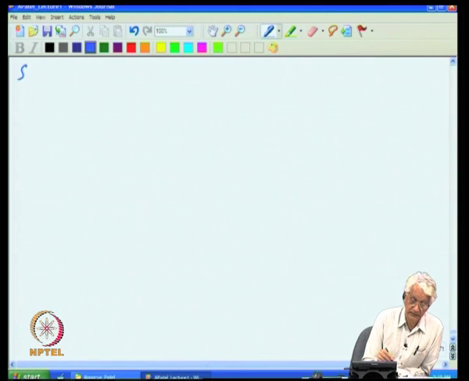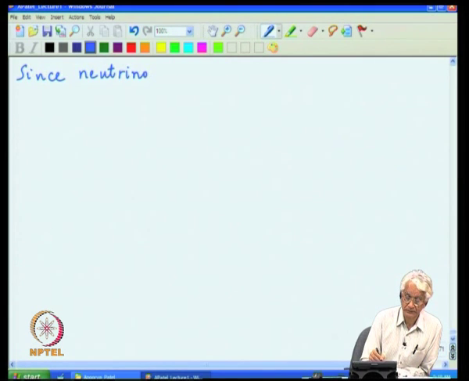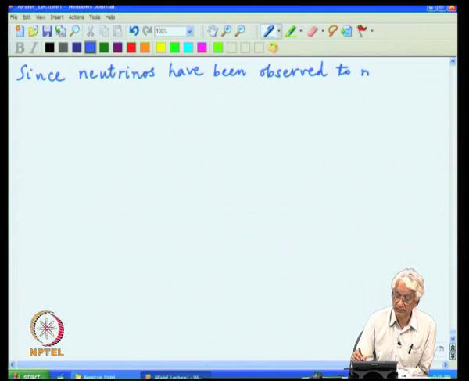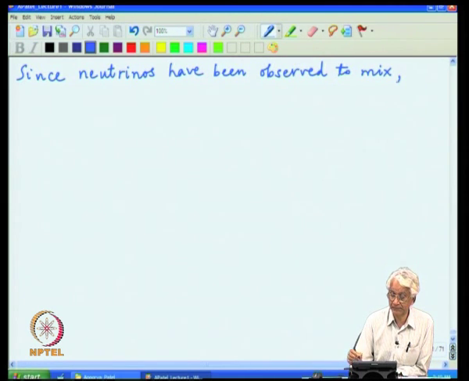important because the observation of neutrino mixing says that one must have coupling between the different components of the neutrino wave function.